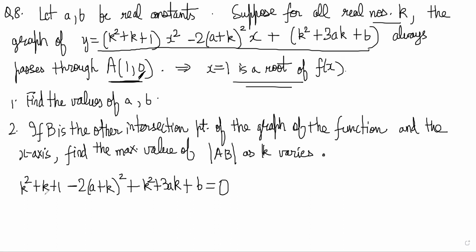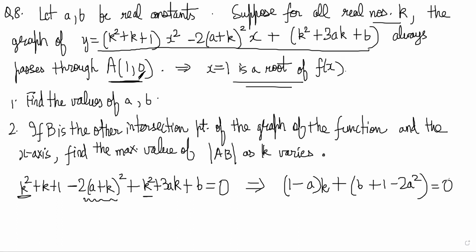If you simplify this a little bit, you will realize that k square and minus 2k square will get cancelled. And you will get an expression just linear in k: 1 minus a k plus b plus 1 minus 2a square equals 0, right? Now this expression is valid for all real k.